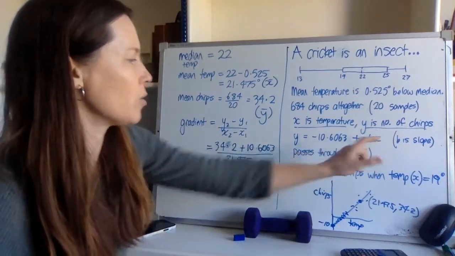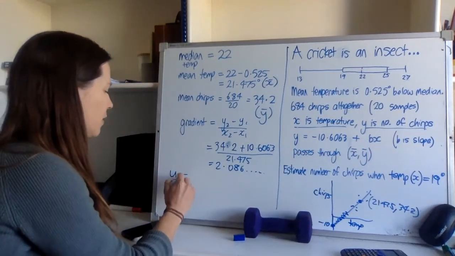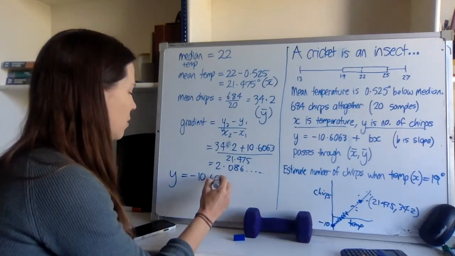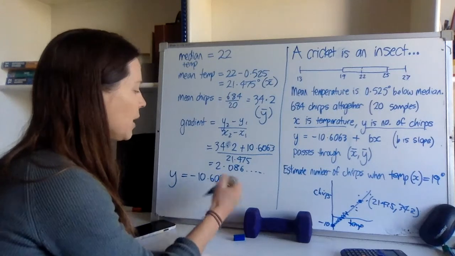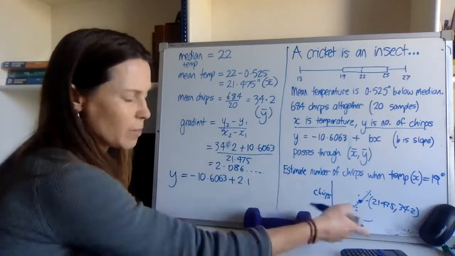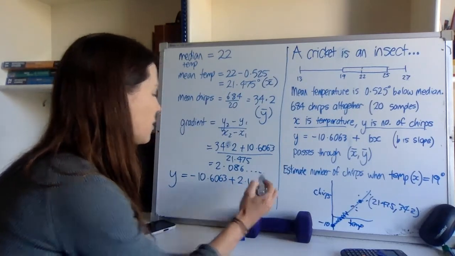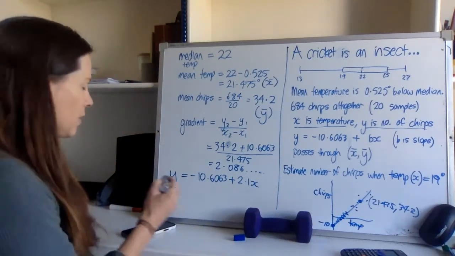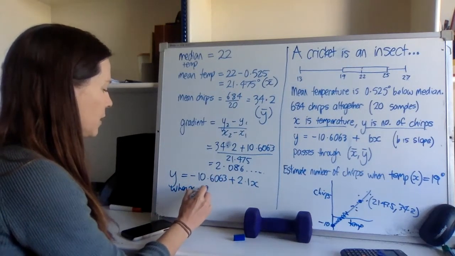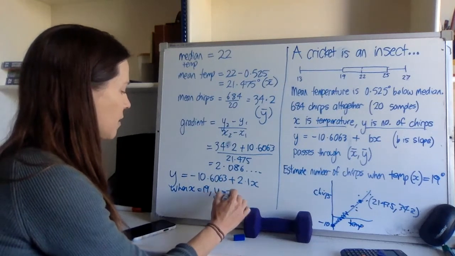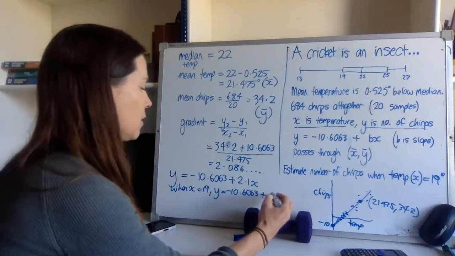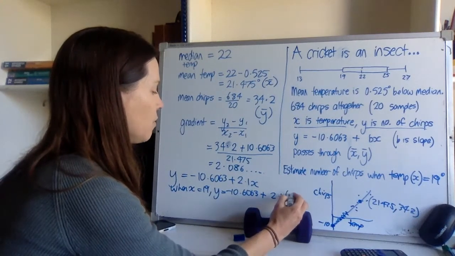I can basically do a better version of this line of best fit. The line of best fit now is y equals minus 10.6063 plus my gradient, let's say 2.1, but we'll keep the exact version of it in there, times x. All right, so now I need to just solve when x equals 19. y is going to be negative 10.6063 plus 2.1 lots of 19.